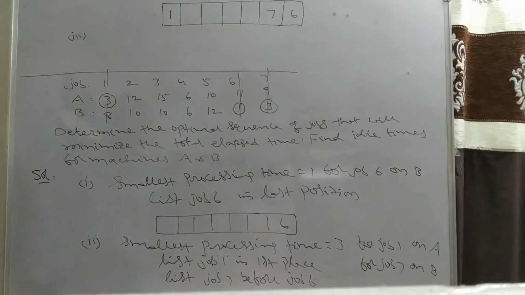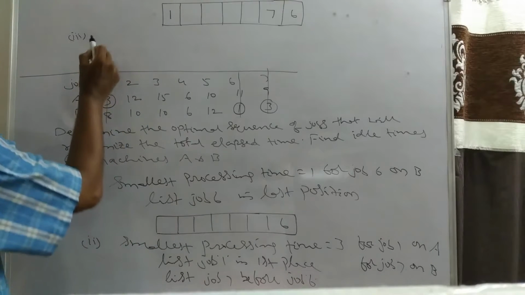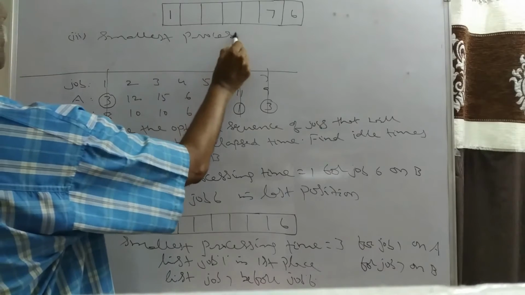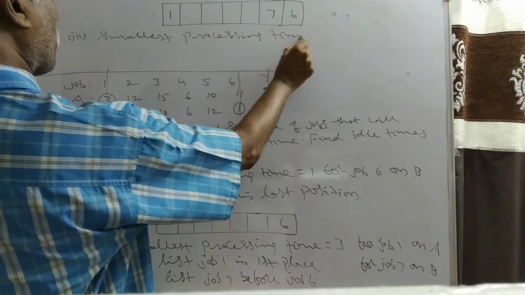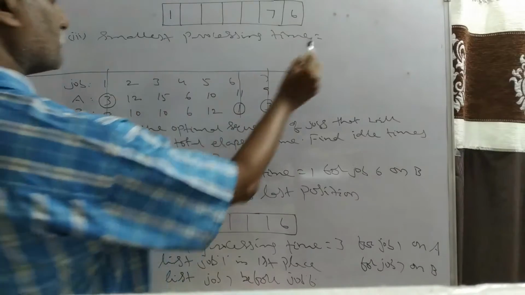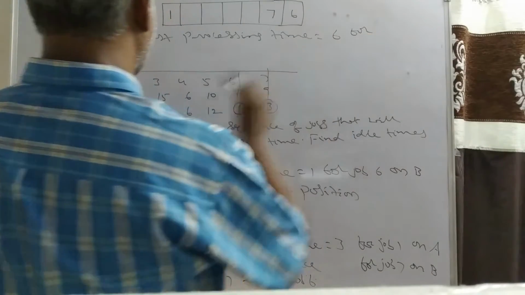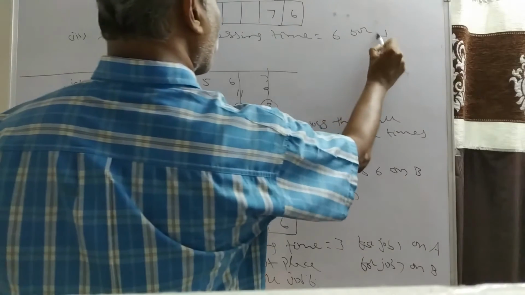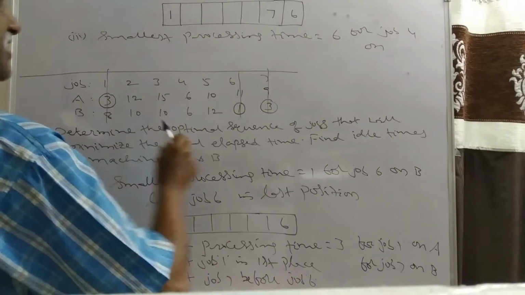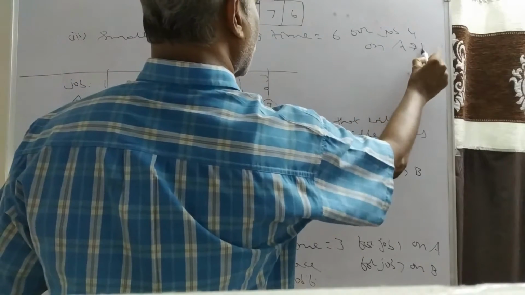Again, in the remaining table, the smallest processing time is 6 for job 4, on both machines A and B.